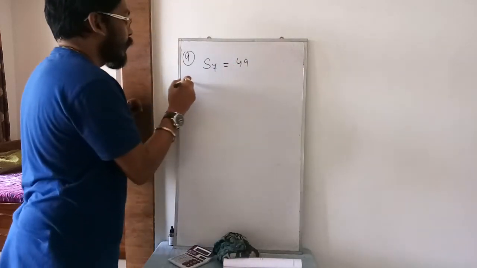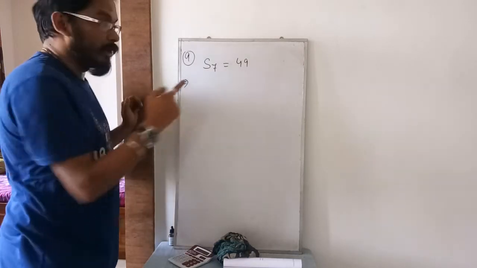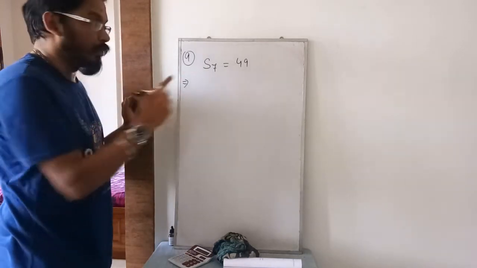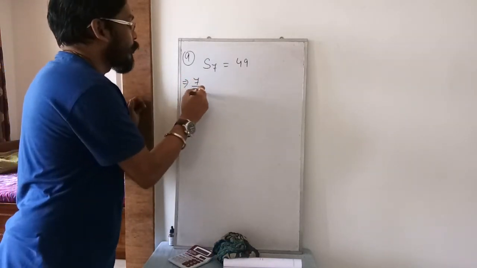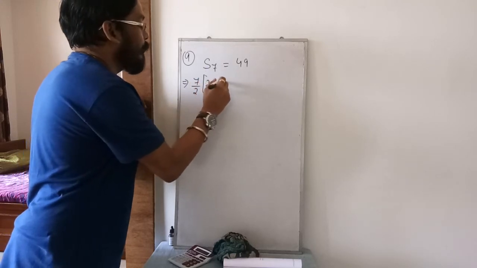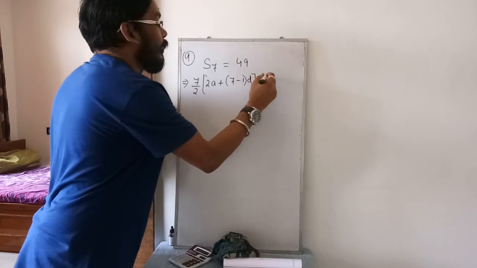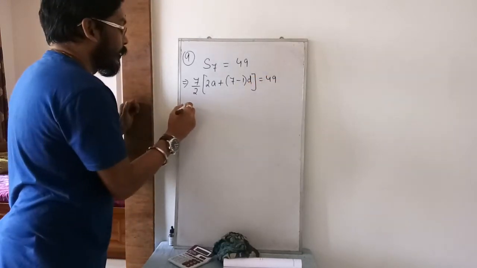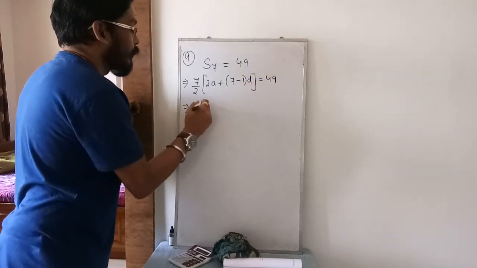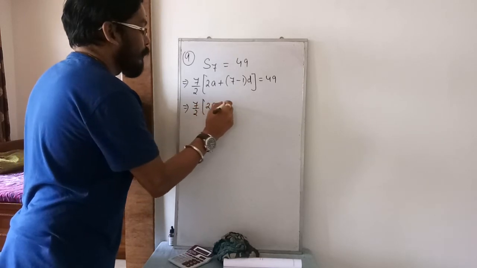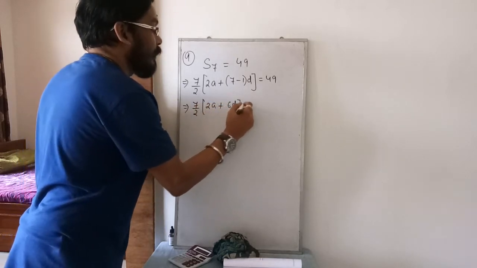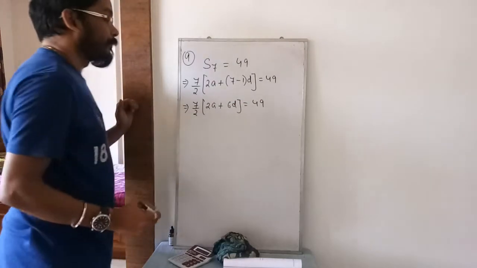So I will use the formula. General formula is Sn is n by 2, so for 7 it is 7 by 2 into twice a plus, in place of n, 7 minus 1 into d, equal to 49. So it is 7 by 2 into twice a plus 6d equal to 49.